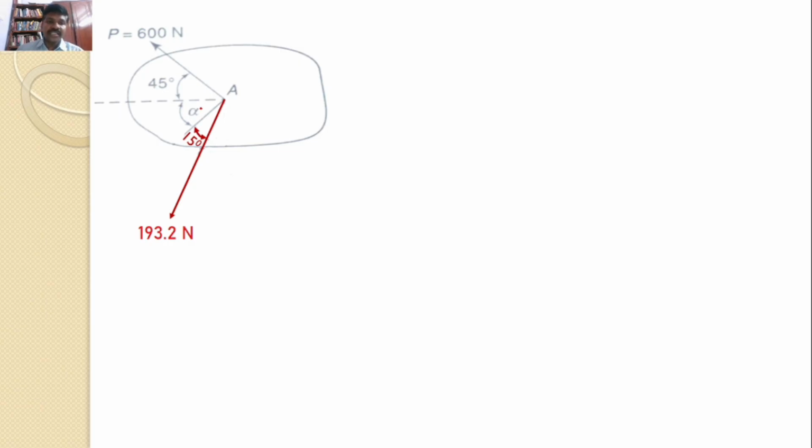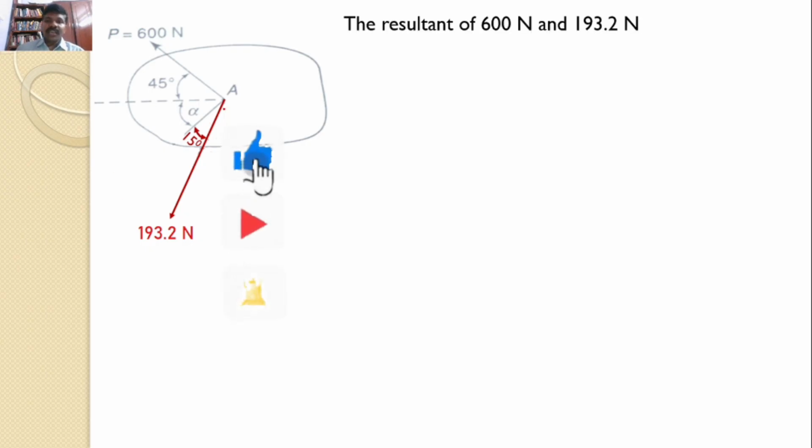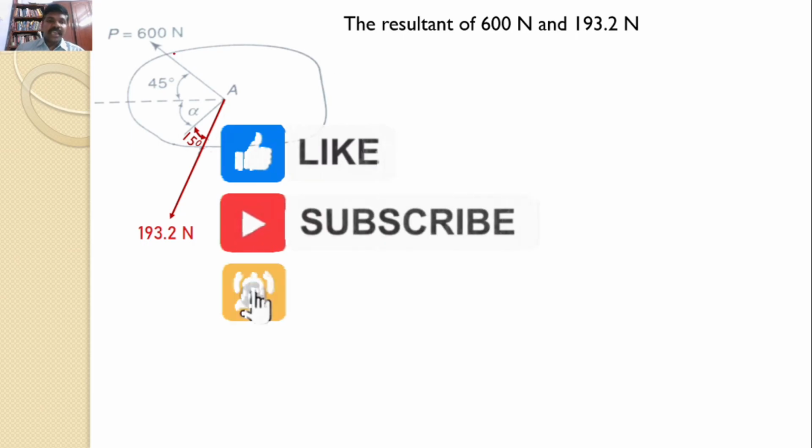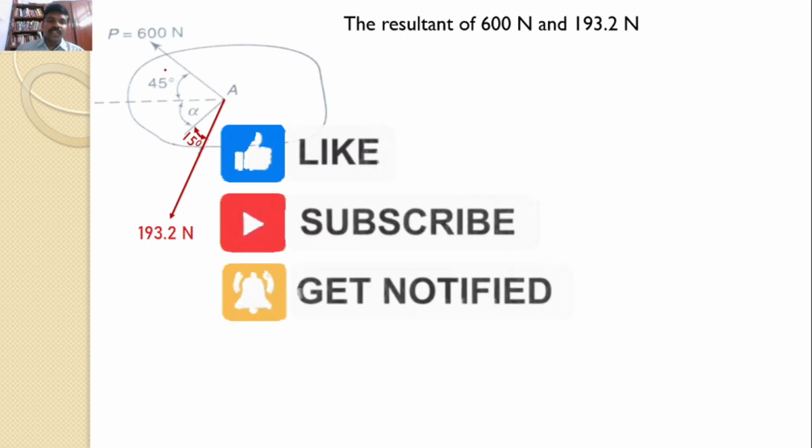That means this is the diagram now. There are only two forces acting on the body now. One is 600 newtons, another one is 193.2 newtons. That 600 newtons makes an angle of 45 degrees. This 193.2 newtons force makes an angle of alpha plus 15 degrees with the horizontal. Then I can find the resultant of these two forces.